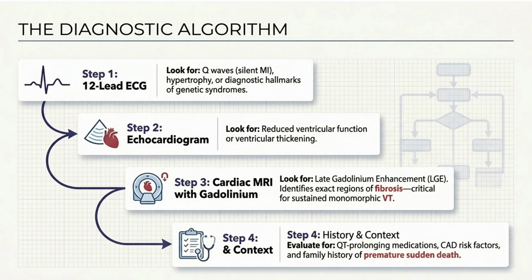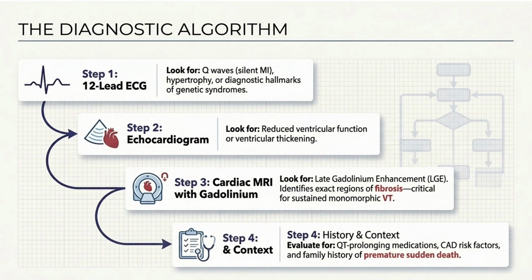Our diagnostic steps follow a logical progression. Step 1, 12-lead ECG to look for signs of silent MIs, Q waves, or genetic syndromes. Step 2, an echocardiogram to assess ventricular function.